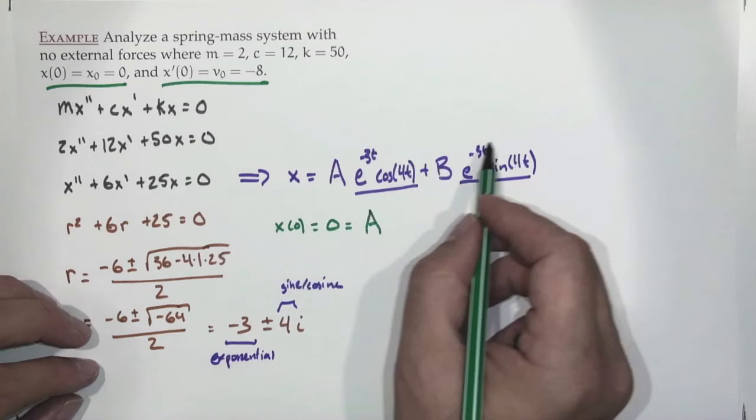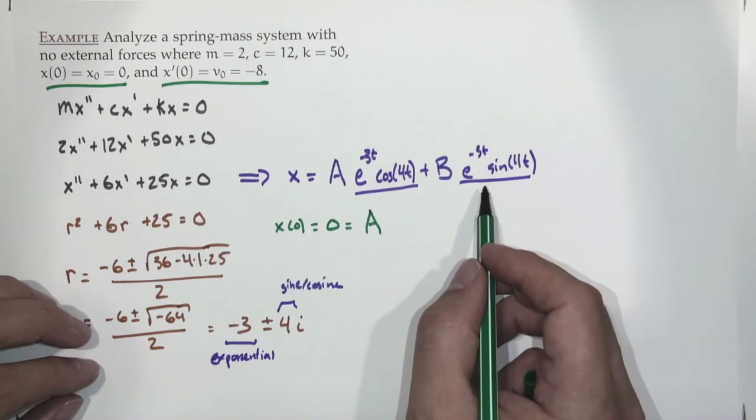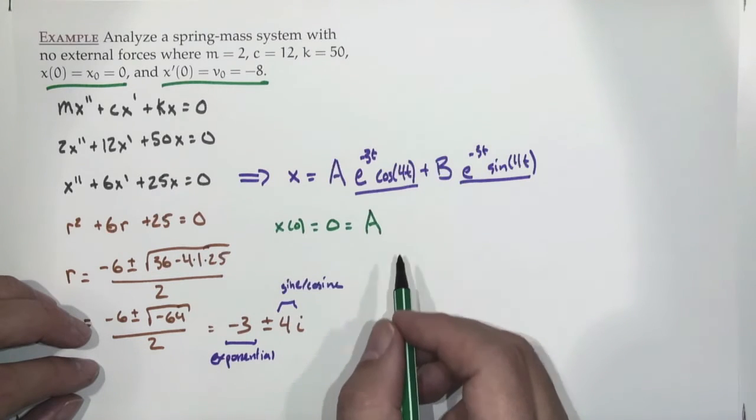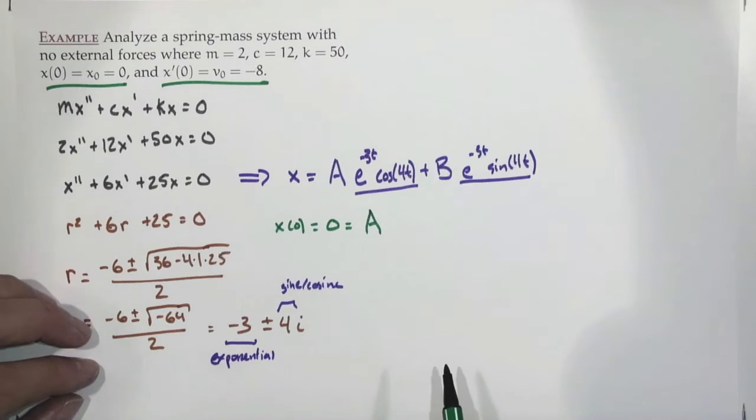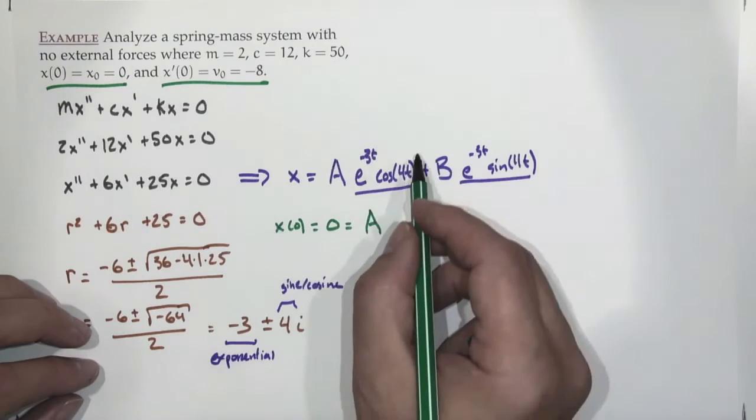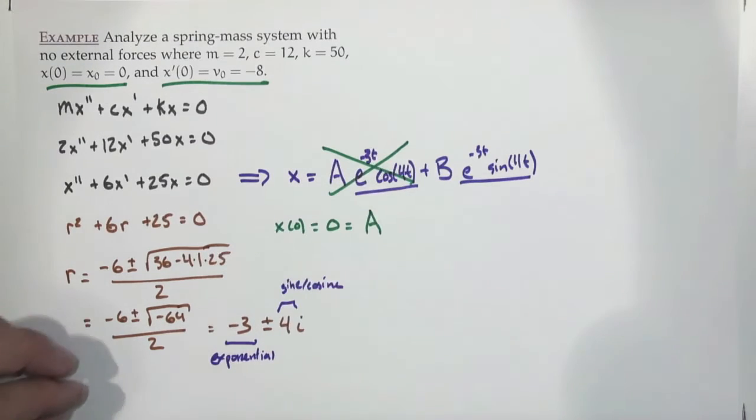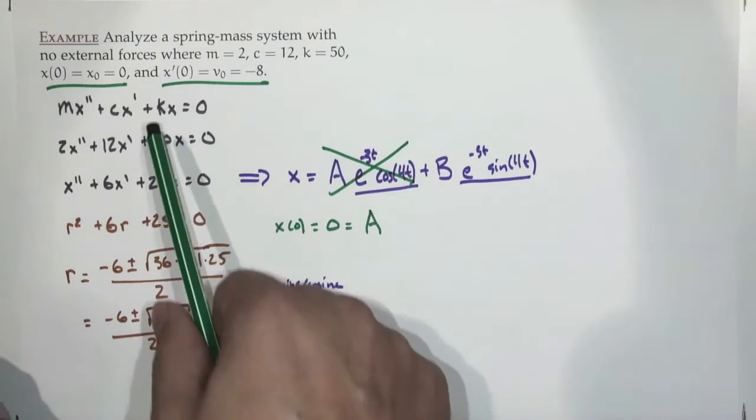When we plug 0 into the second part, what comes out? 0. So can we use that to solve for anything? Yeah, we get a equals 0. Well, that was quick. So that says that our solution looks like b e to the minus 3t sine 4t. But we haven't used our second condition yet.